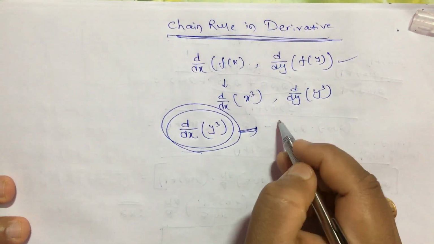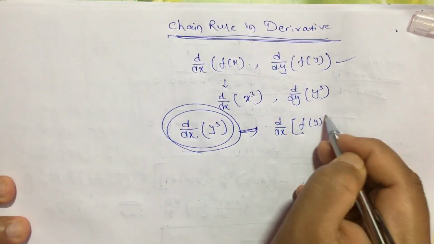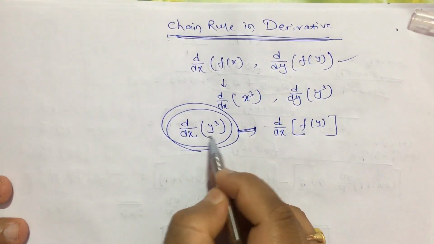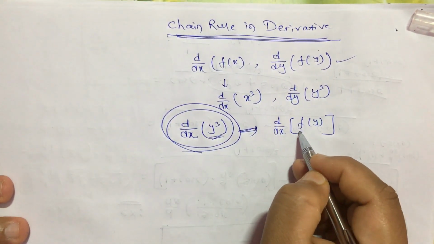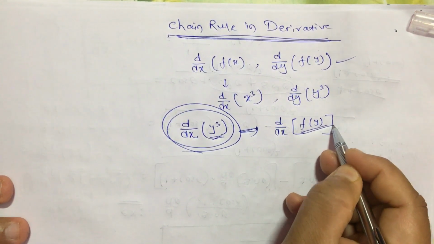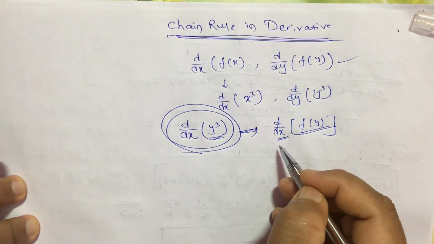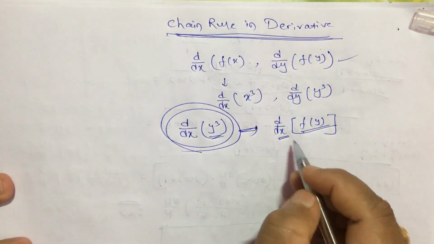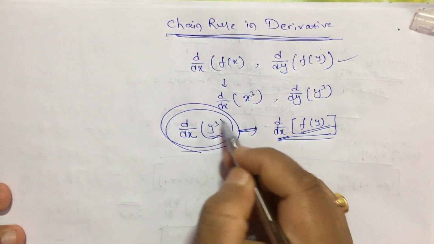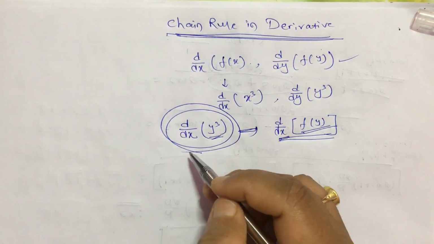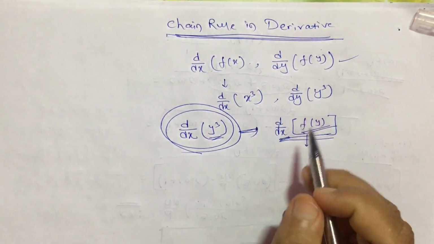Here it is d by dx of a function of y, not a function of x. It means you have to take the derivative of a function of y with respect to x, not with respect to y. In these cases you cannot solve it directly. And remember, here y cube is not a constant, so you cannot take it outside. In this case you have to use the chain rule.